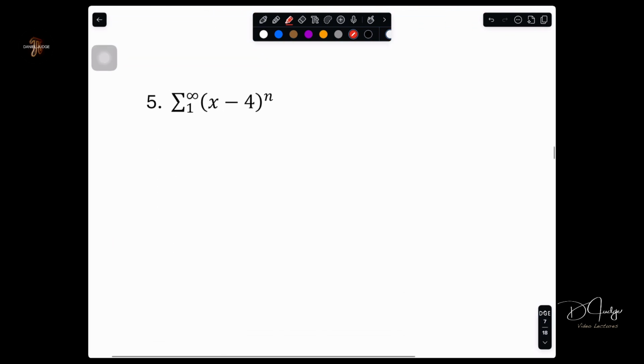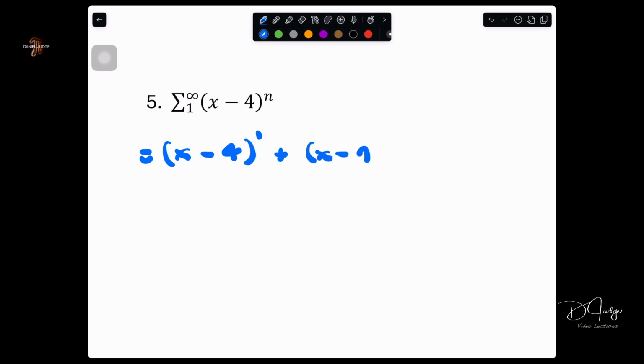And this is a geometric series, but it involves a variable x here. Let's look at these terms here so I can show you guys what I'm talking about. When n is 1, we have the power 1 there. x minus 4 squared, x minus 4 cubed, and this goes forever. Now remember, a geometric series looks like this.